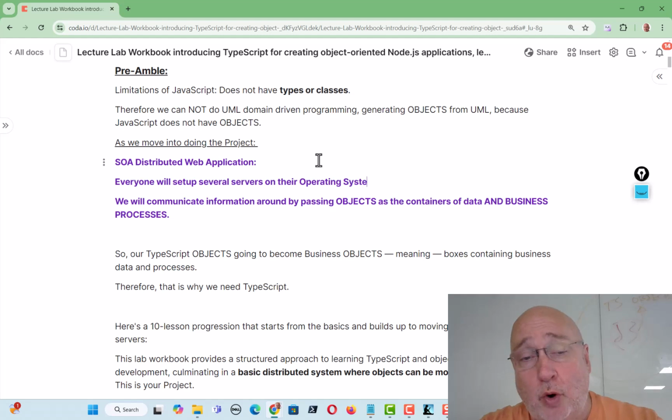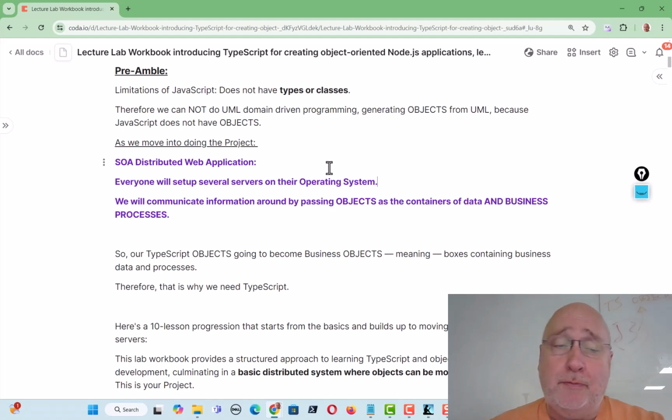And therefore, we need to have an object, and we need to pass objects around. Not only we need object-oriented to do that, our SOA is going to work by passing around objects. And if we don't have objects, well, then you're pretty much out of luck, aren't you?